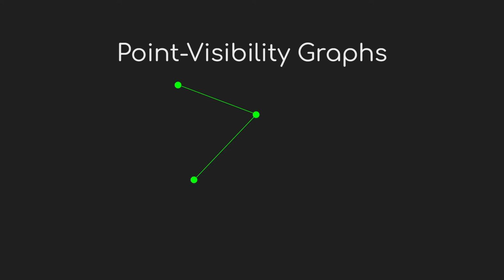In a point visibility graph, 2 points, or in this case nodes, have edges between them if the points that correspond to those nodes within the polygon see each other. These 3 nodes correspond to the 3 previous points, and the relationships in terms of hiddenness and seenness, or visibility, are preserved.